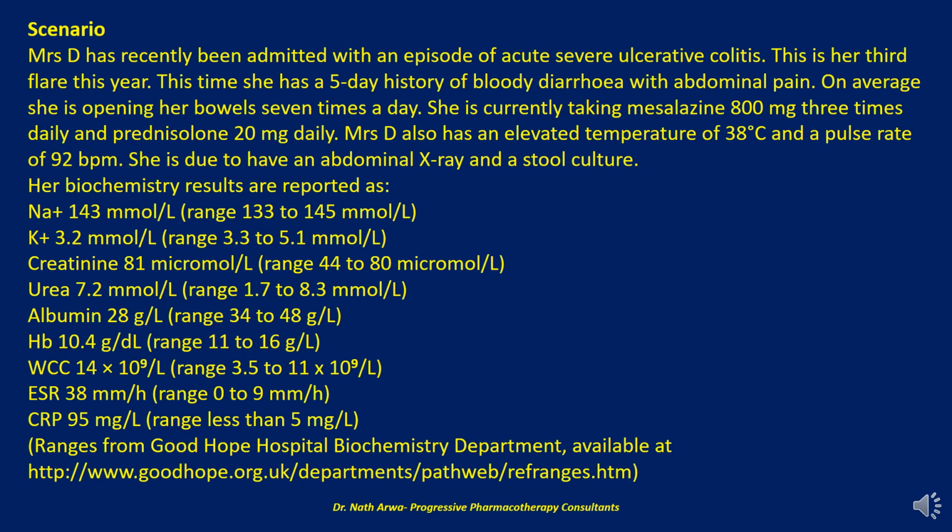WCC 14 times 10 to the power of 9 per liter. The normal range is 3.5 to 11 times 10 to the power of 9 per liter. ESR 38 mm per hour. The normal range is 0 to 9 mm per hour. CRP 95 mg per liter.